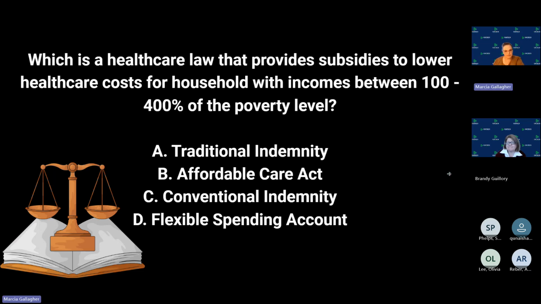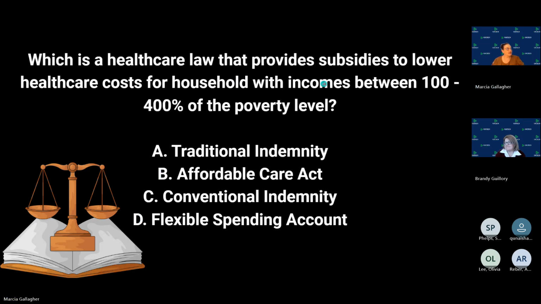Now this one is a commonsensical one, I think. Which is a healthcare law that provides subsidies to lower healthcare costs for households with incomes between 100 to 400% of the poverty level? So we're talking about low income, okay? A, traditional indemnity, I can't say that word, indemnity, B, Affordable Care Act, C, conventional indemnity, and D, flexible spending account.